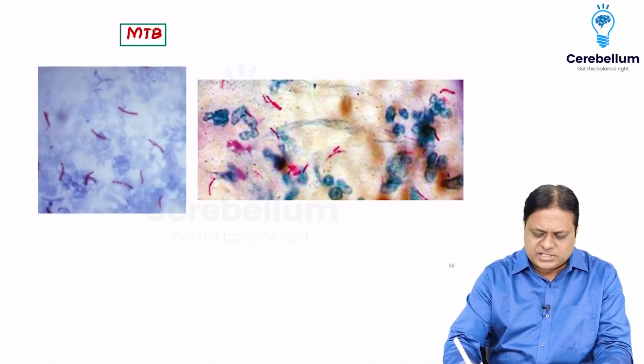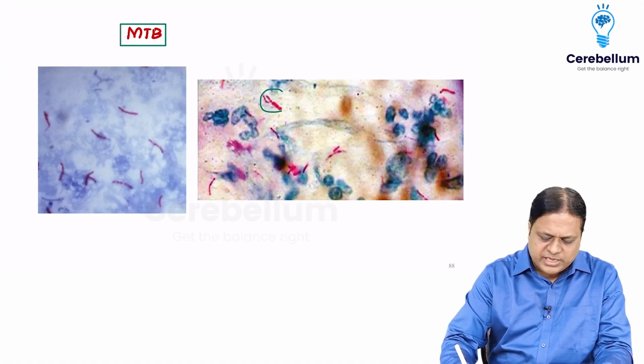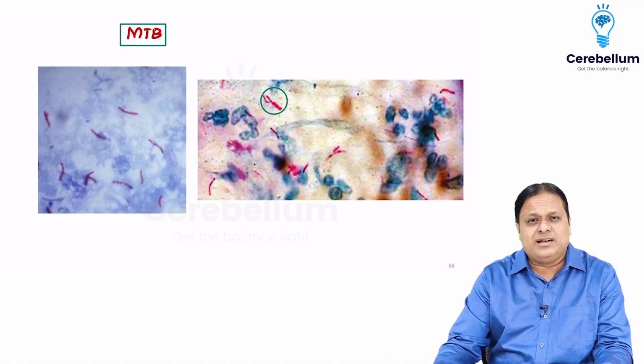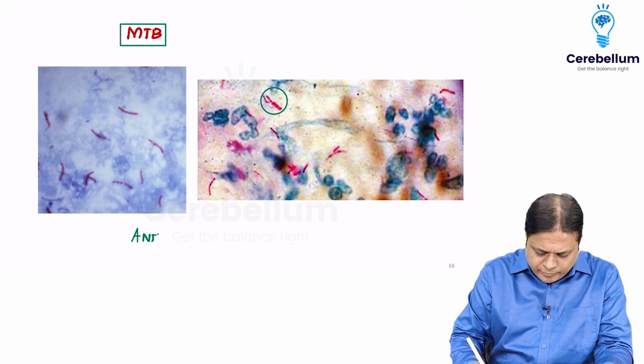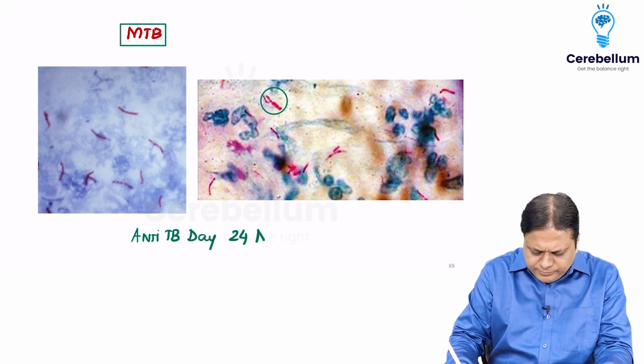We have already discussed Mycobacterium tuberculosis, acid fast bacilli, red colored, Ziehl-Neelsen stain, beaded appearance, mycolic acid. They are mostly single in nature. Anti-tuberculosis day is observed on 24th of March.